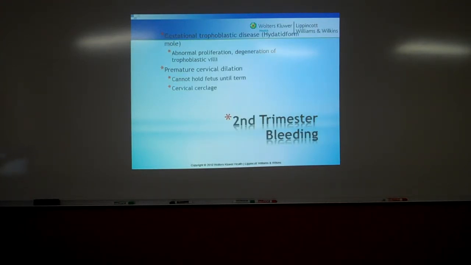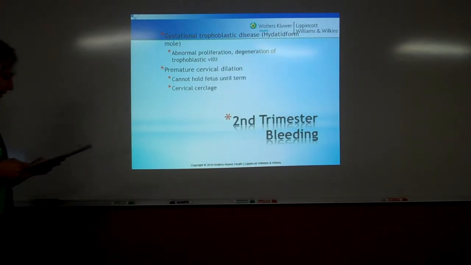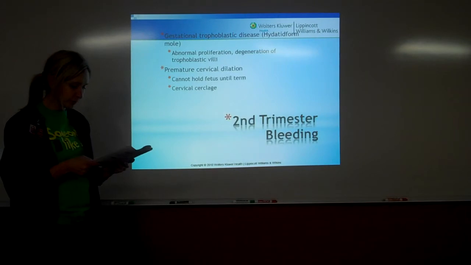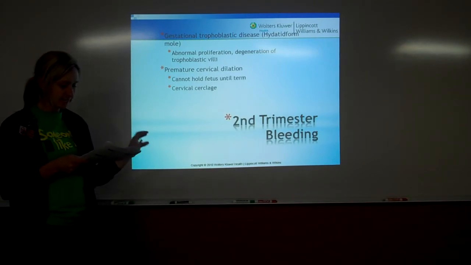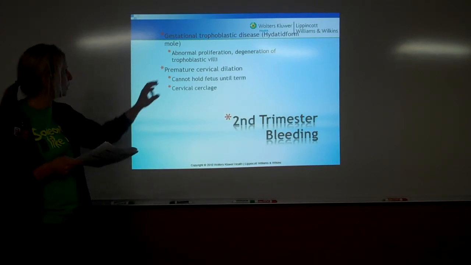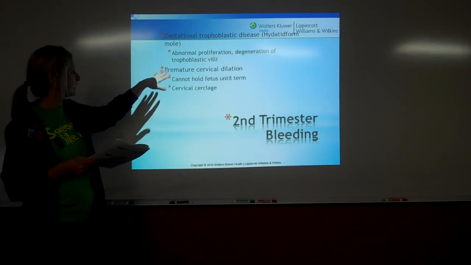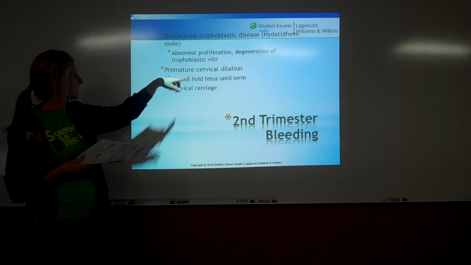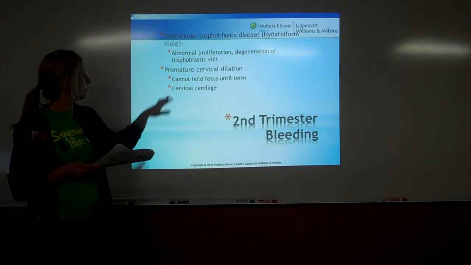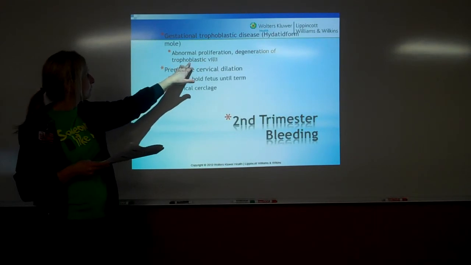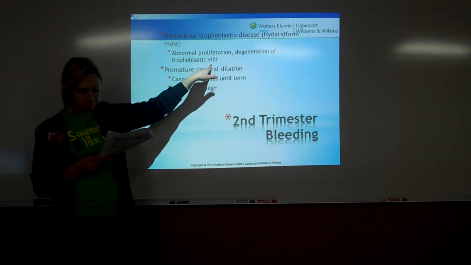Second trimester bleeding can come from premature cervical dilation, or what we call a hydatidiform mole or a molar pregnancy, which is an abnormal proliferation and degeneration of trophoblastic villi.